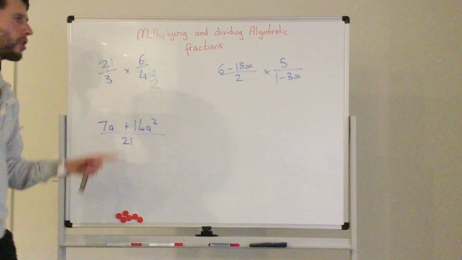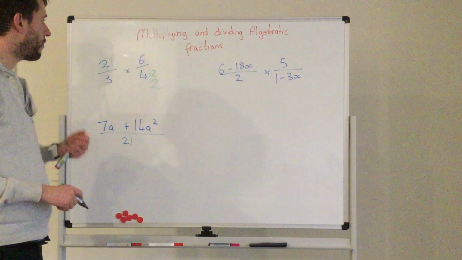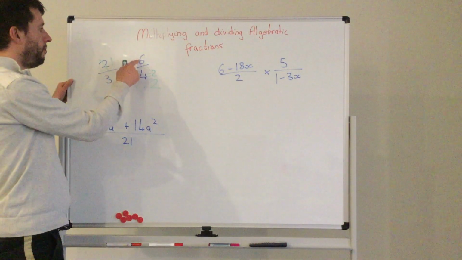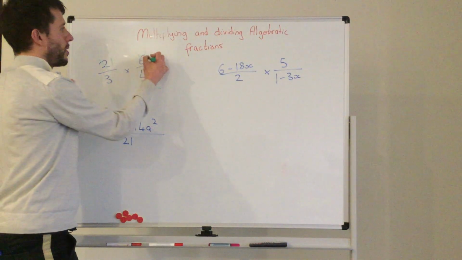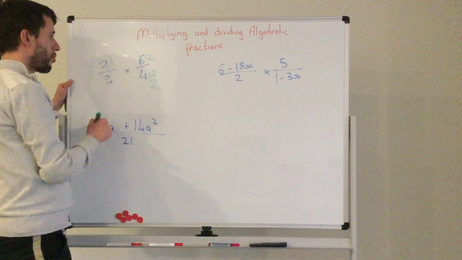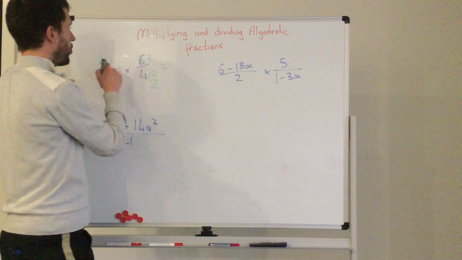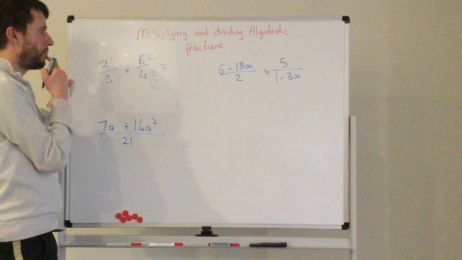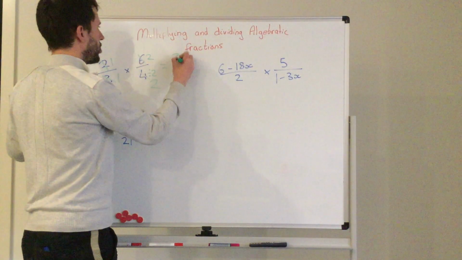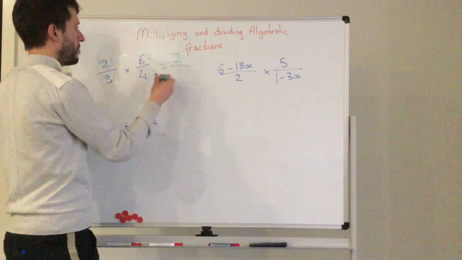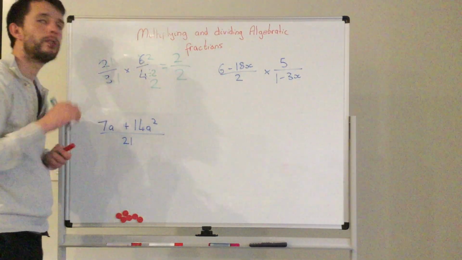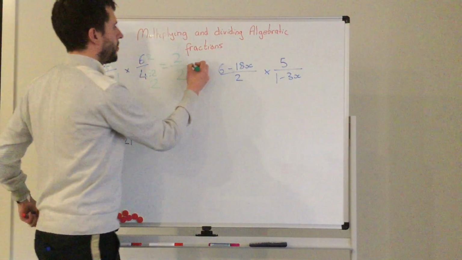Same here with 6 and 3, they both have a common factor of 3. So 6 divided by 3 is 2, and 3 divided by 3 is 1. So then I can go times the top and times the bottom. 1 times 2 is 2, over 1 times 2 is 2, and that equals 1 whole.